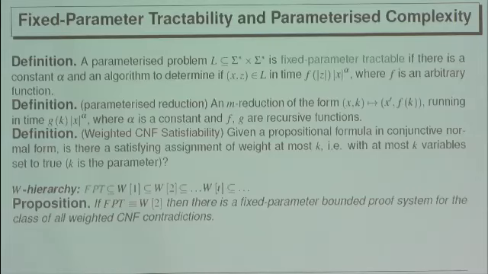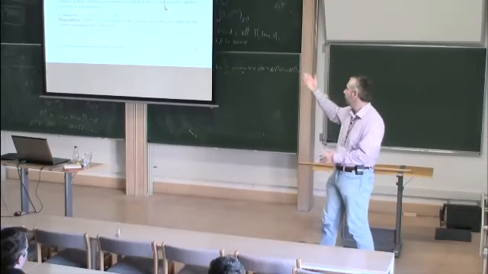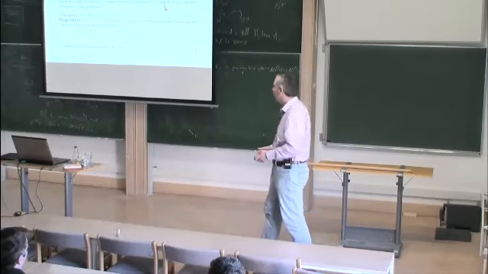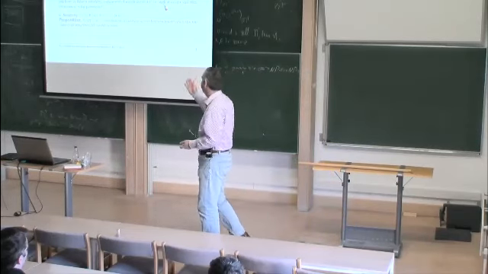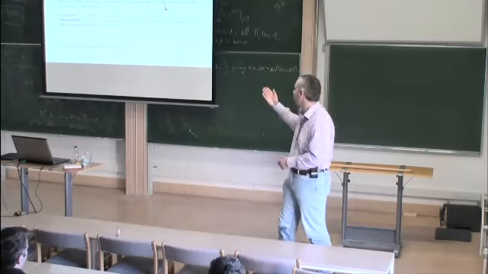A trivial observation that I put as a proposition: if W2 coincides with FPT, then there is a fixed parameter bounded proof system that would work for all weighted CNF contradictions. You would simply run the FPT algorithm that solves weighted CNF satisfiability, and the transcript of that on negative instances, say on contradictions, will constitute a refutation.